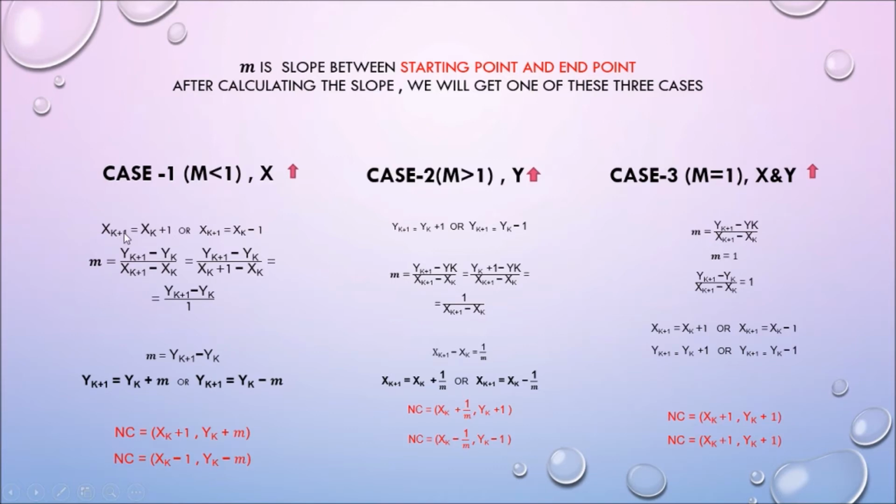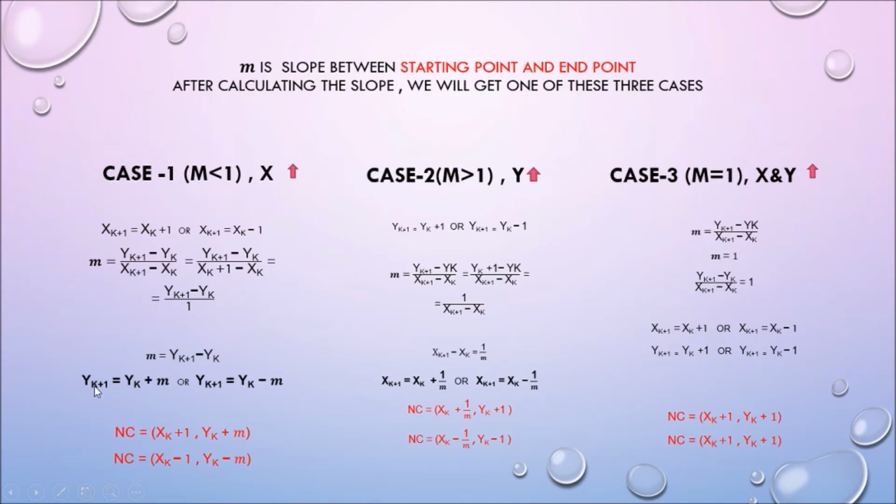So the next coordinate of x will be xk plus 1. So next coordinate of x will increase by 1. If you remember our formula of slope, here we saw in the previous slide, m equals yk plus 1 minus yk divided by xk plus 1 minus xk. Here if we put the value of xk plus 1 here, we will get 1 here, so we can easily find the next coordinate of y from this equation.